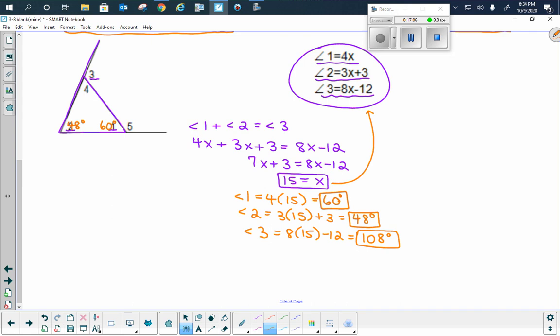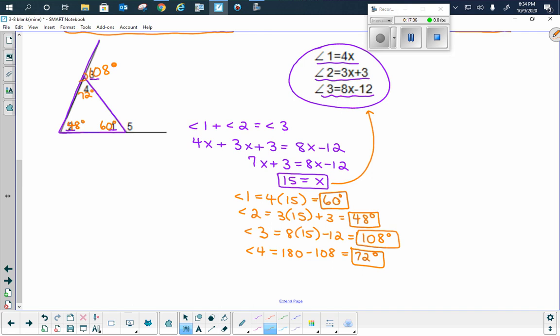So angle 3, 108 degrees. And then the others are based on what you know. So angle 4. Well, angle 4 is a straight angle with angle 3. So you should be telling me it is going to be 180 minus 108 since they asked you for equations. And we will get 72 degrees. Put 72 degrees in the picture.